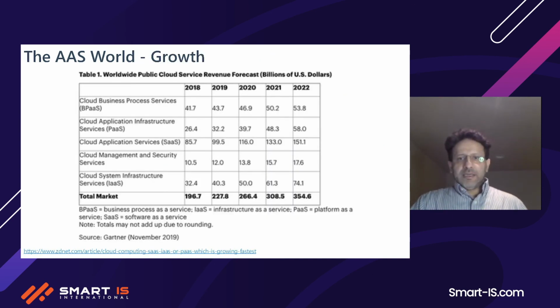So this is another very important slide where we see where the trend is, where we are going. The total market is expected to be about $350 billion. And then you see that if I combine business process as a service and software as a service, that alone would be around 200 billion. So again, two things: first of all, they are going to be priced higher whenever somebody is offering software as a service and business process as a service, because they are assuming the risk of the lower levels.